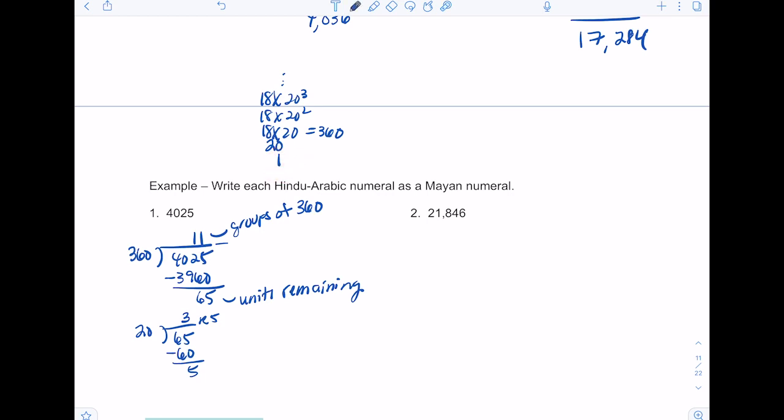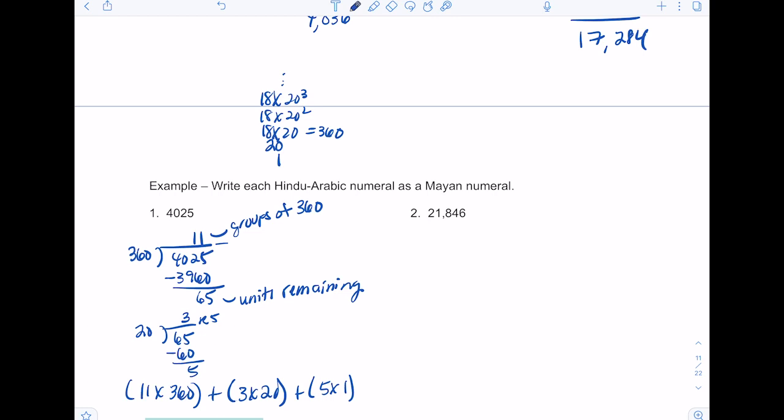So now I'm just going to write this out. This would just be 11 times 360 plus 3 times 20. And then there's 5 units remaining. Unit means 1. We're just going to multiply our remainder 5 by 1.